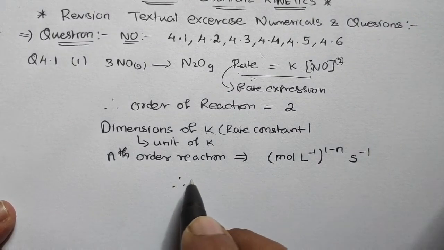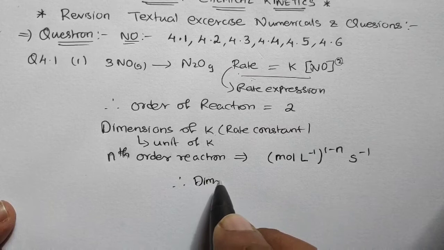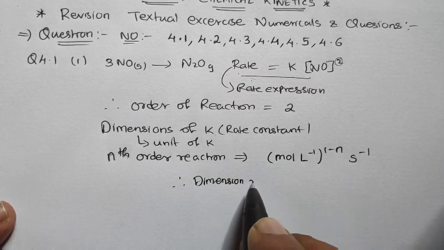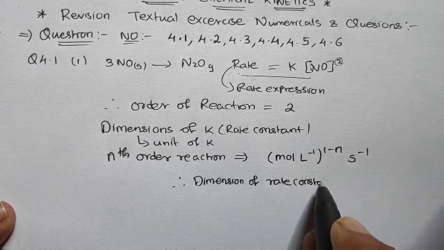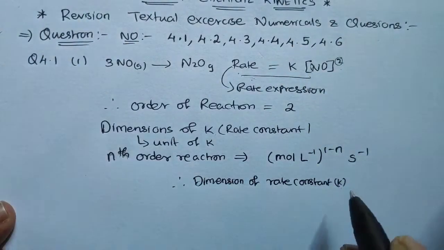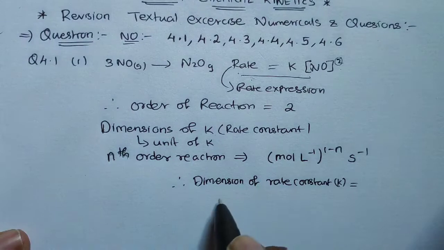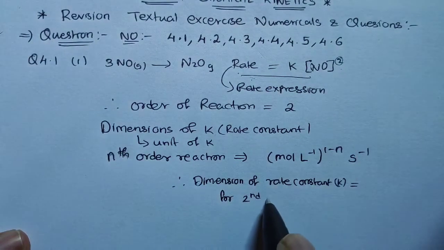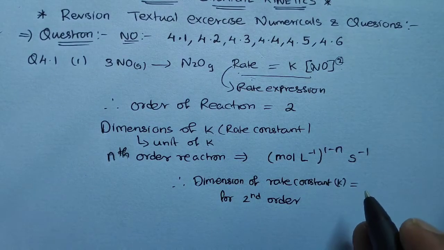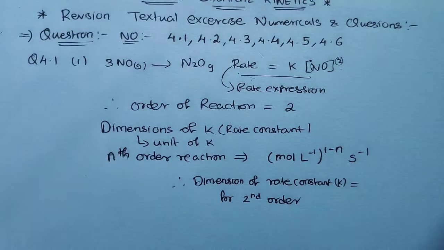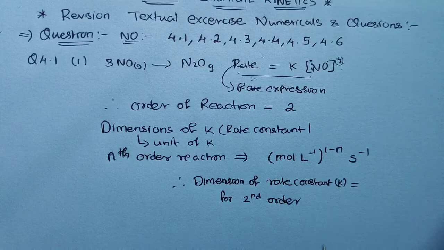Therefore the dimension of rate constant K is equal to, for second order, because we found it as second order here.